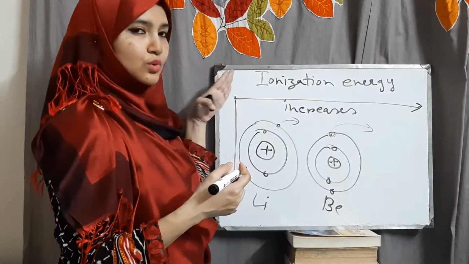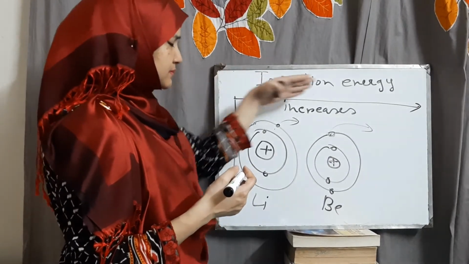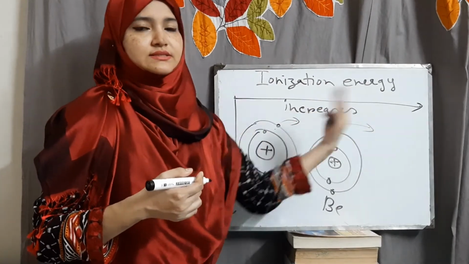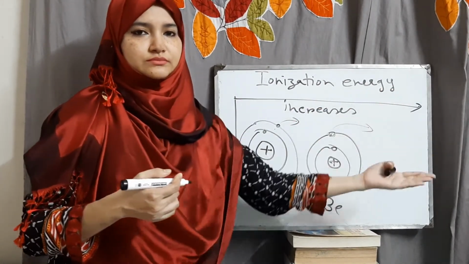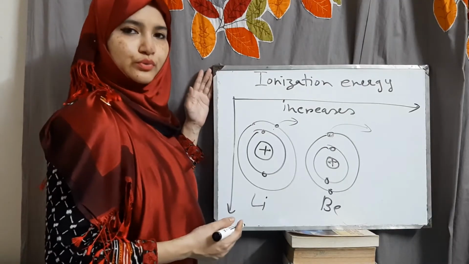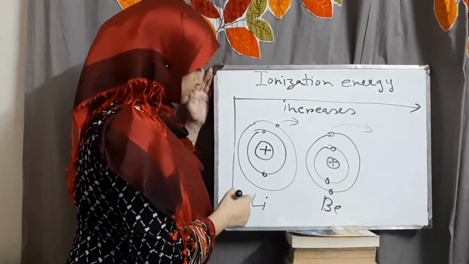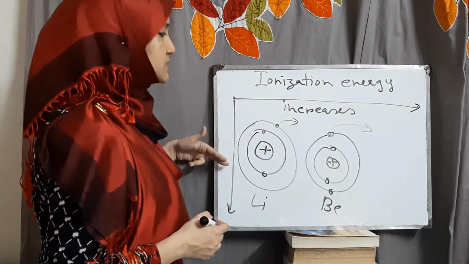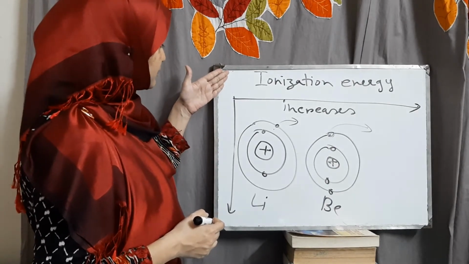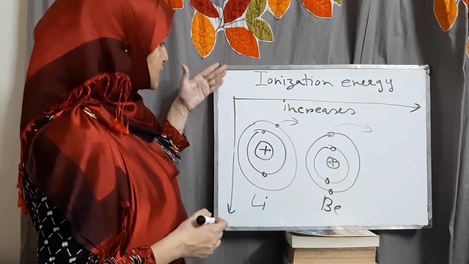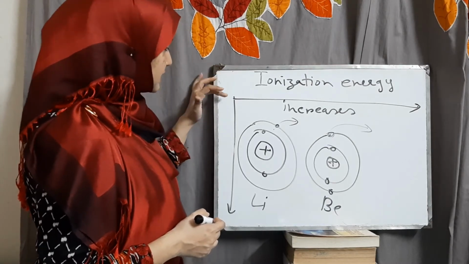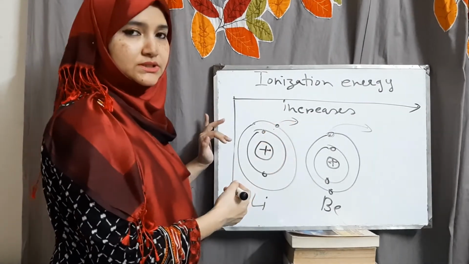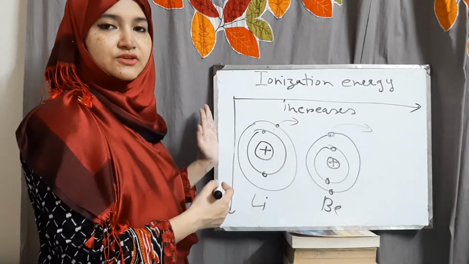And if we go from left to right, the ionization energy increases one by one. When we go from top to bottom, the ionization energy decreases. Why? As we go from top to bottom, a new shell is added for every successive period, and that's why the atomic radius increases.